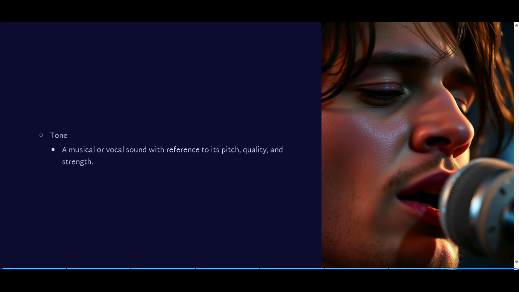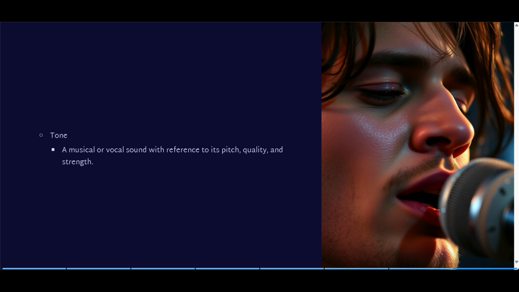So if you take a musical sound and change its pitch, quality, or strength one at a time, you will get a different tone. If you just change the quality, or maybe just change the singer, that is a different tone, because the singer is different, or the instrument is different.